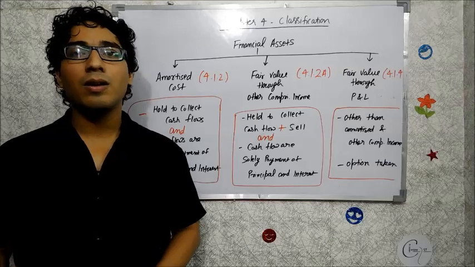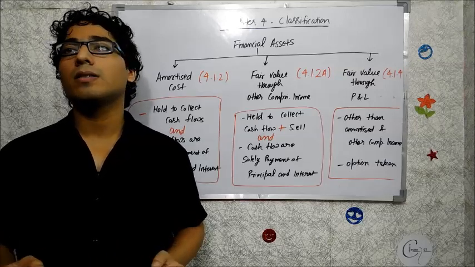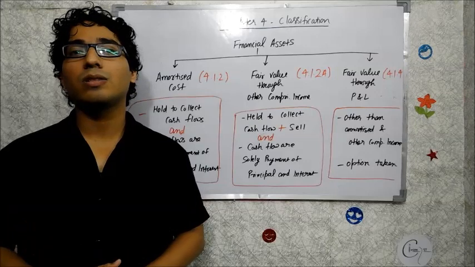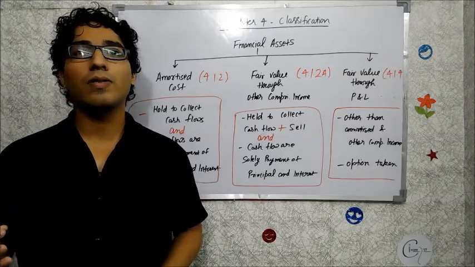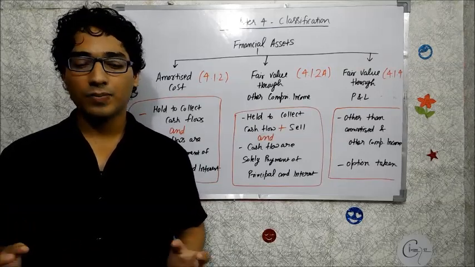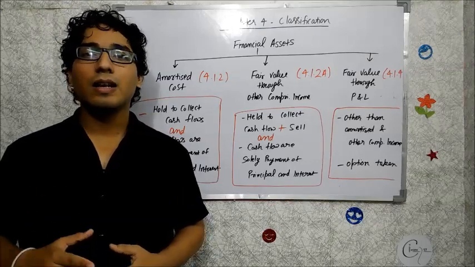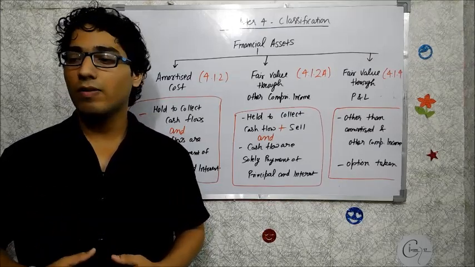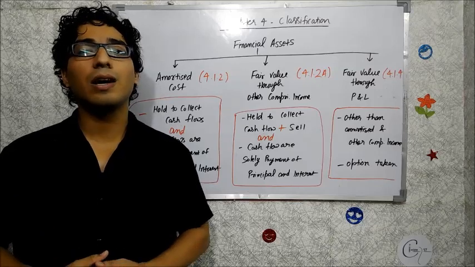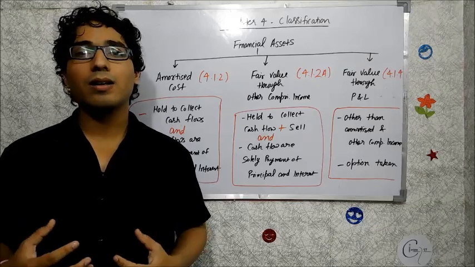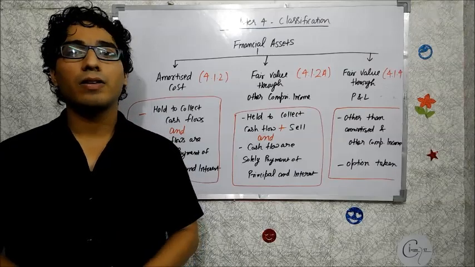Like in this example, the portfolio manager is collecting the cash flow and also selling to meet the daily liquidity need. So he is collecting the cash flow, and whenever he sees a fair value change, like fair value has increased, he also sells it to collect the gain or loss from that investment.